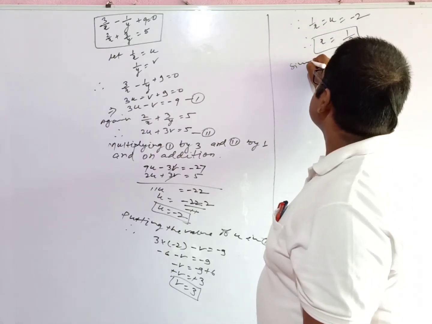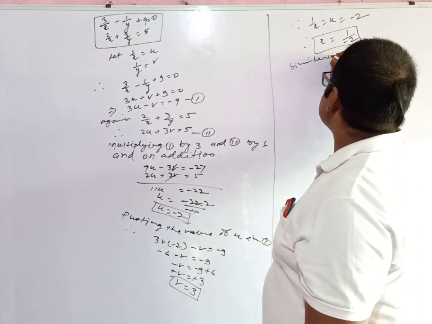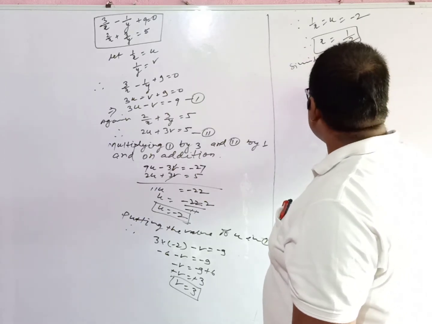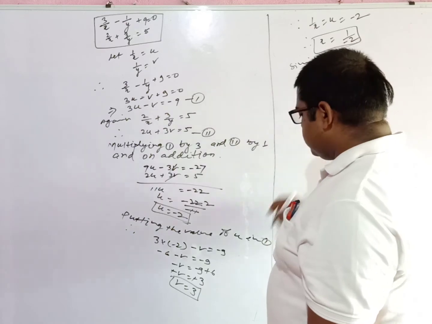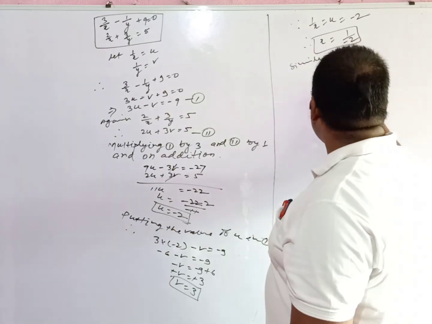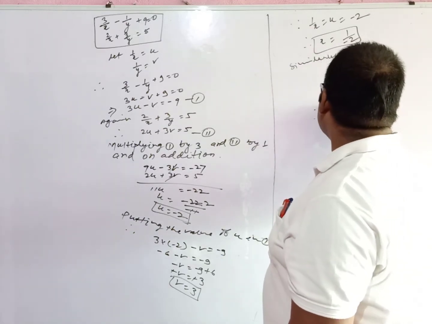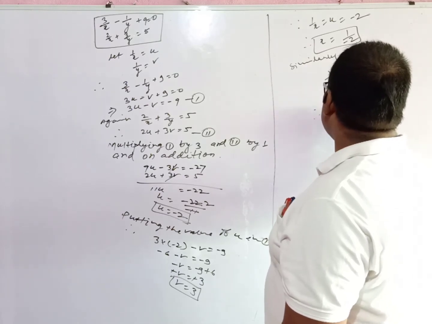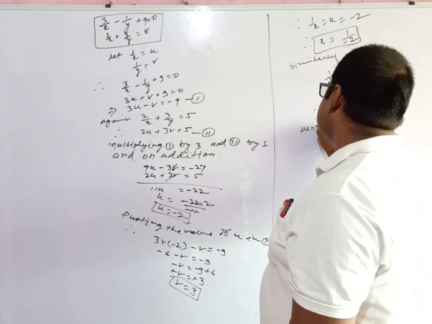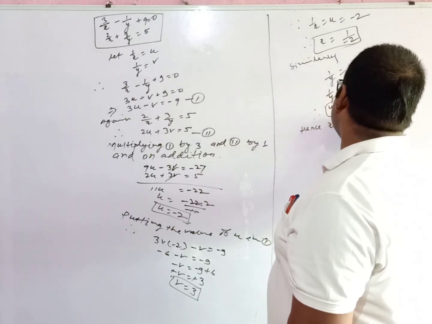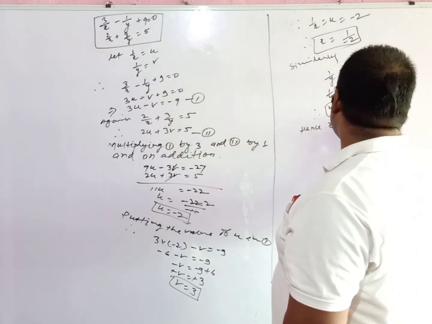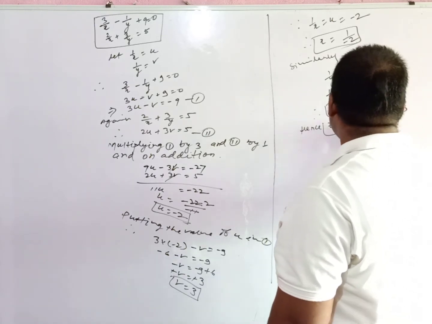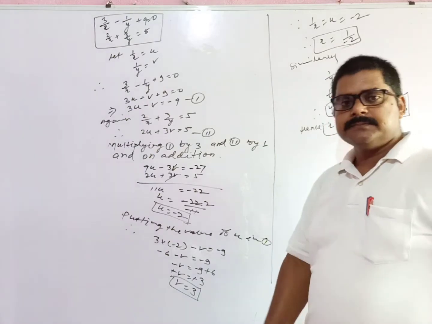Similarly, 1 upon y is equal to v, the value of v is 3, and therefore y is equal to 1 upon 3. So finally, x is equal to 1 upon minus 2 and y is equal to 1 upon 3. That's the final result.